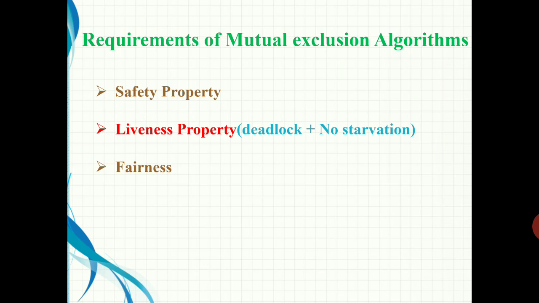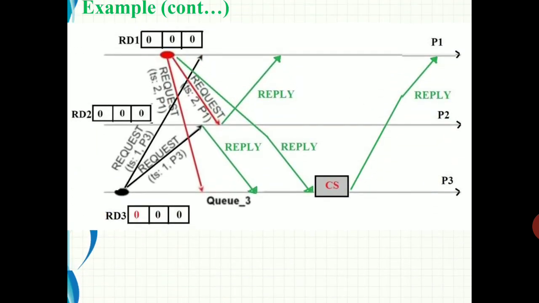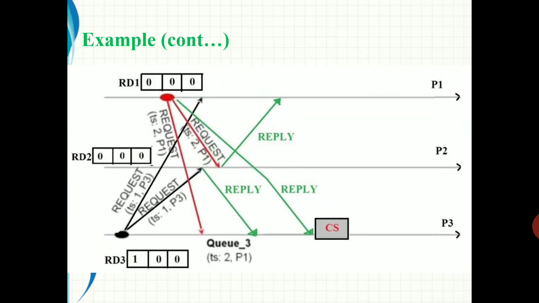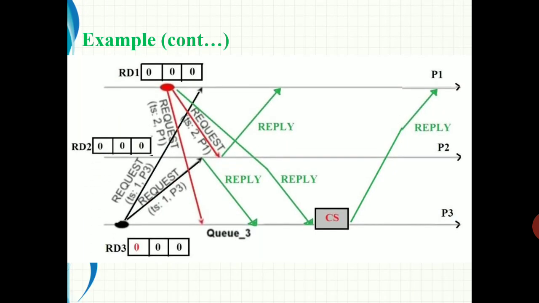Consider a situation where, after executing the critical section, process P3 crashes. Then process P1 will endlessly wait for a message from process P3. That is going to be a deadlock situation. So the Ricart-Agrawala algorithm is prone to deadlock.